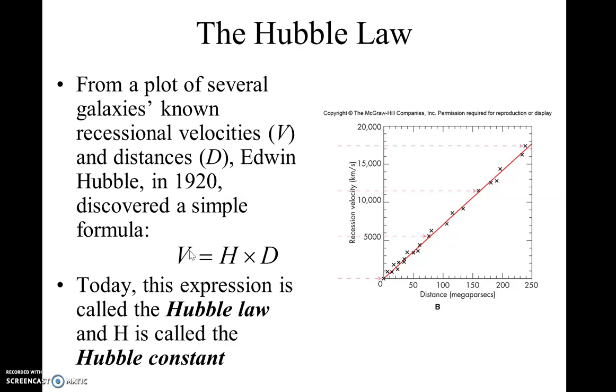All right, let me repeat that so it's kind of a strange idea. It's actually a measurement of the expansion of the universe. That's what Hubble discovered, and that's why he's extremely famous, certainly today.